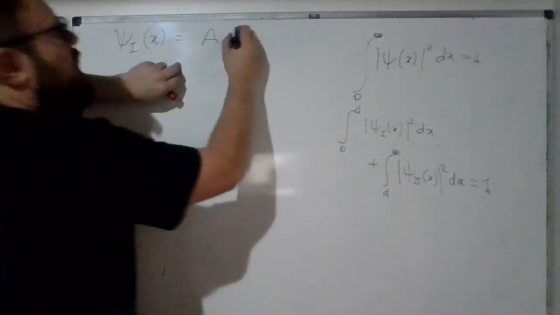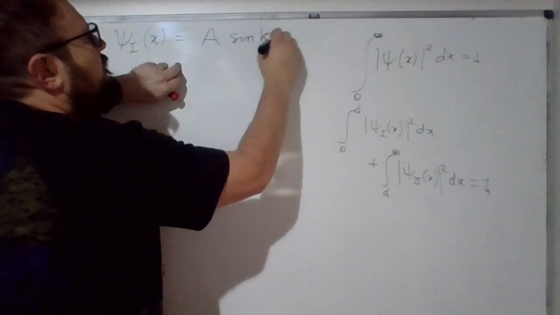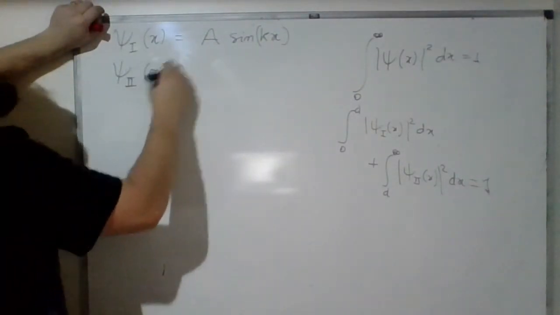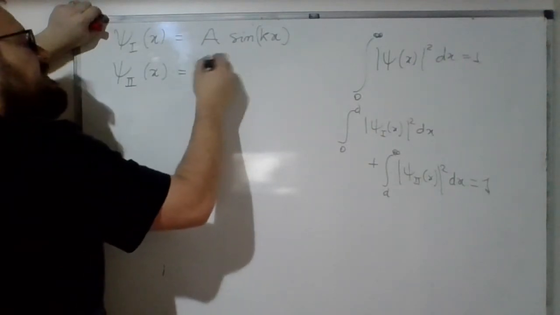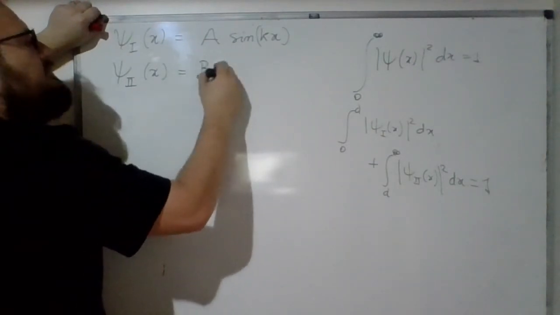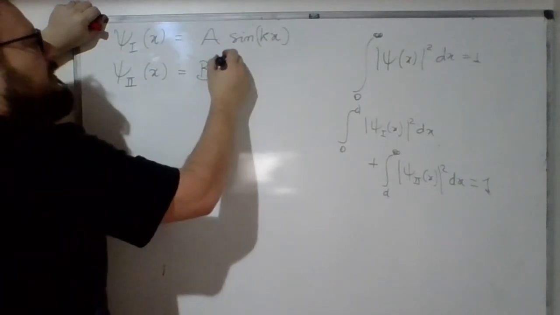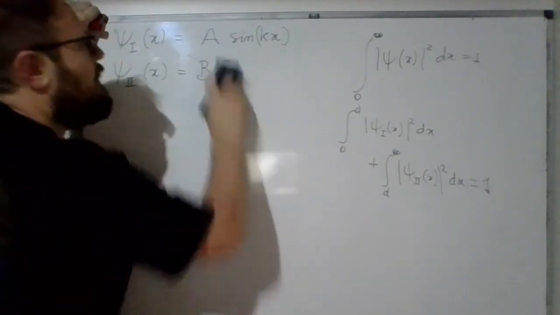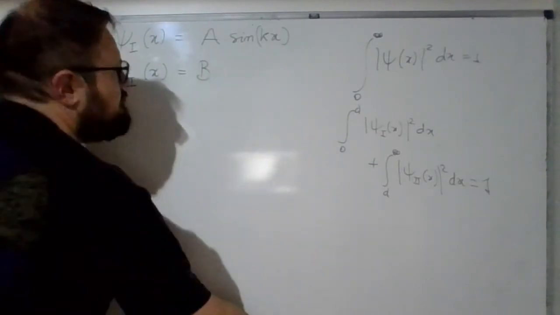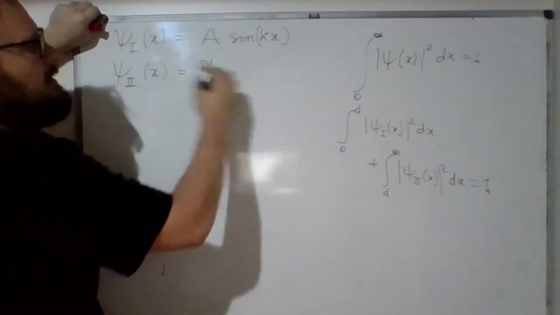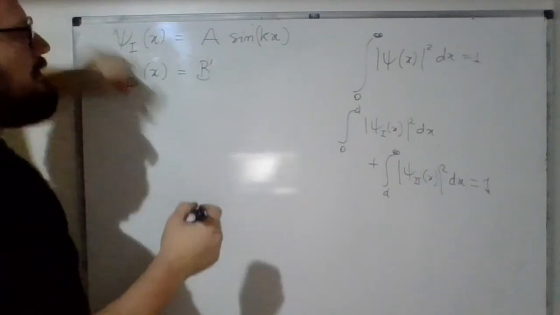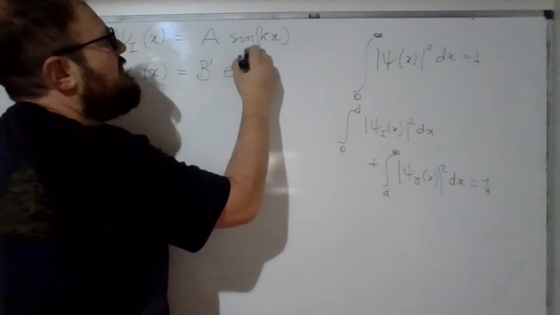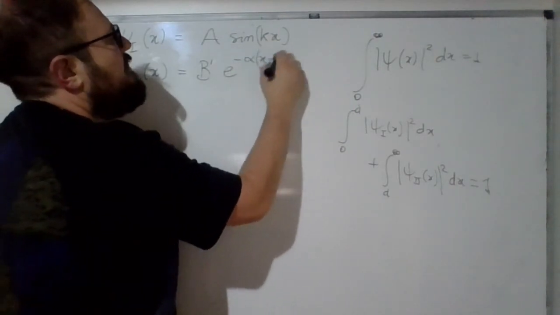So in region 1, this is the solution, and in region 2, this is the solution, some b prime exponential of minus alpha times x minus d.